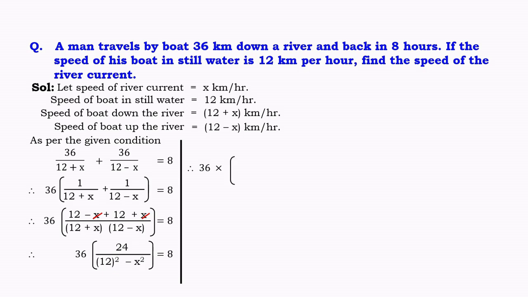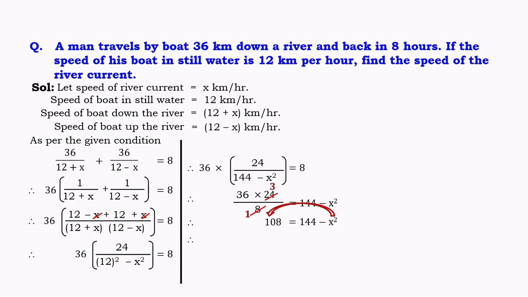So the equation becomes 36 multiplied by 24 divided by 144 minus x squared equals 8. Now, divide both sides by 8. On the left, 36 divided by 8 is 4.5 and 24 divided by 8 is 3. Multiplying them gives 108. So we get 108 is equal to 144 minus x squared.